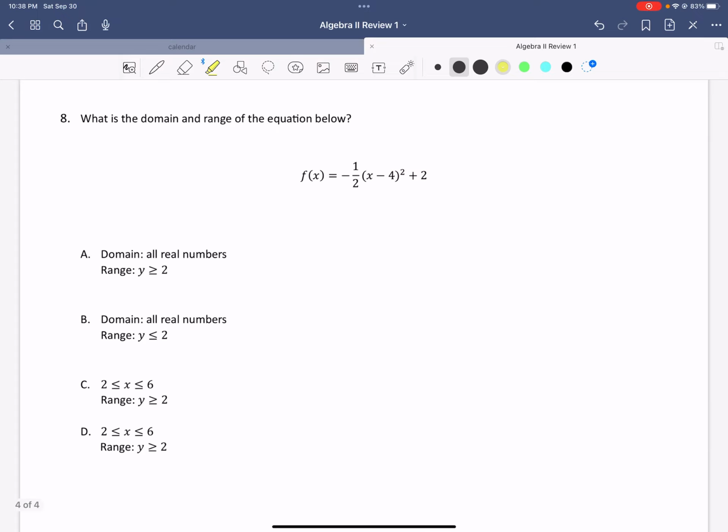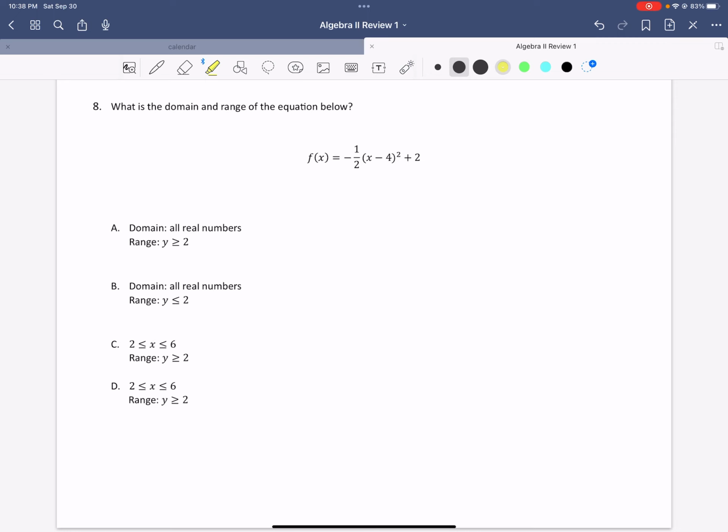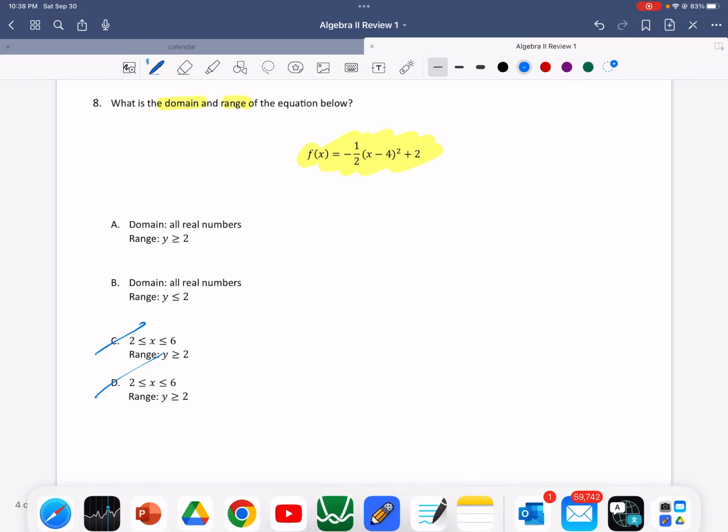Okay. Question number 8. The question says, what's the domain and range of the equation below? Like this one, right? So first, domain. If you use decimals, your domain is going to be almost always all real numbers, so you can get rid of C and D. Okay, so let's look at this. You're going to put this one into decimals.